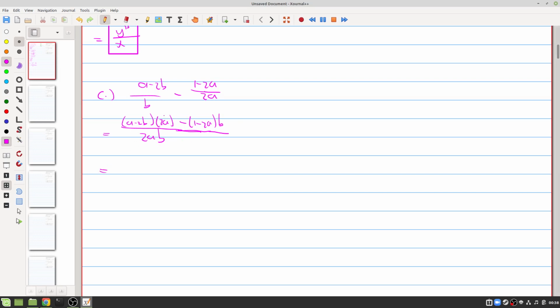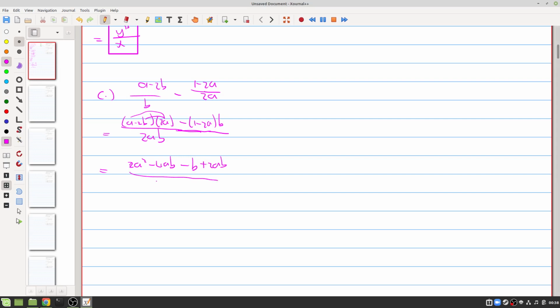Okay, let's multiply it. So a times 2a, that's 2a squared. And then negative 2b times 2a, it's going to be negative 4ab. And then here, negative b times 1 is negative b. And then negative b times negative 2a is positive 2ab.